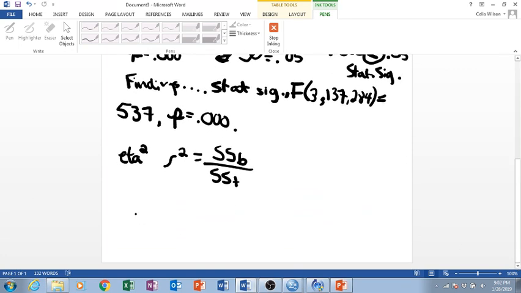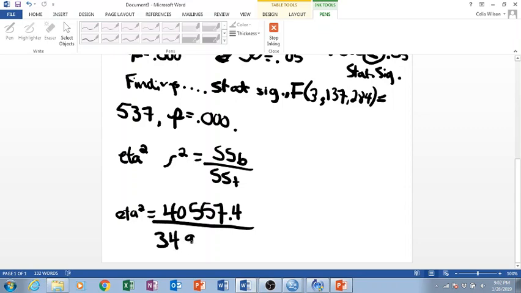So for this, eta squared is 40,557.4 divided by 349,671.4. That's going to give us our effect size.